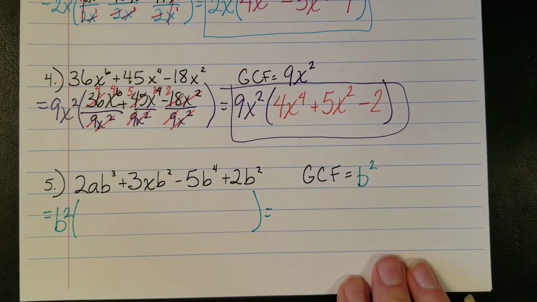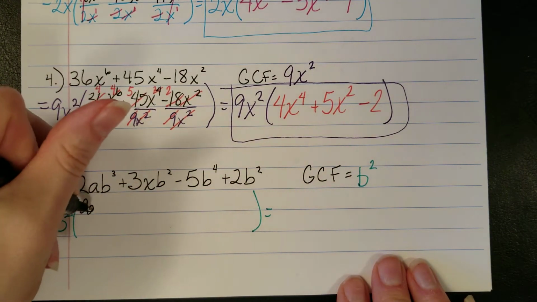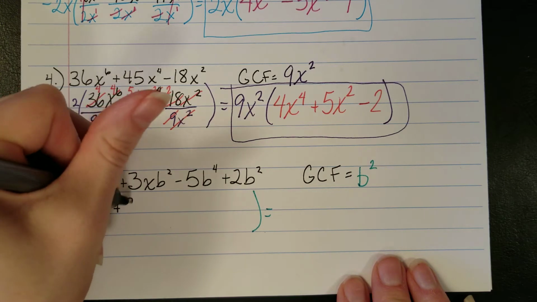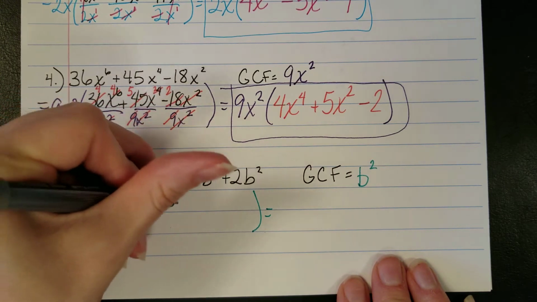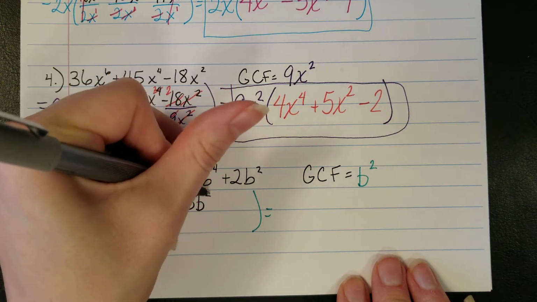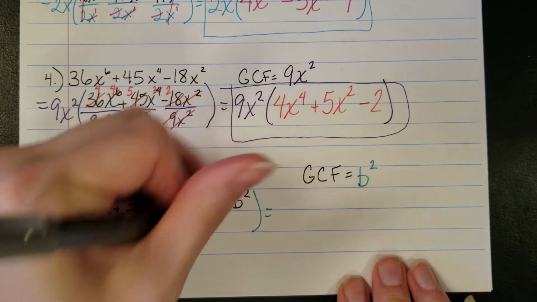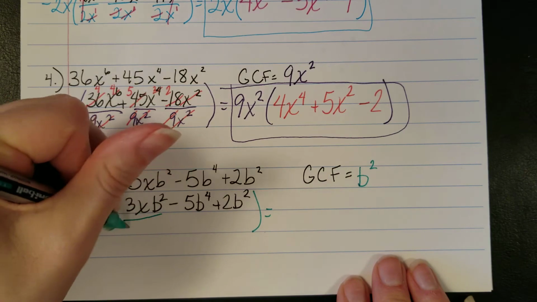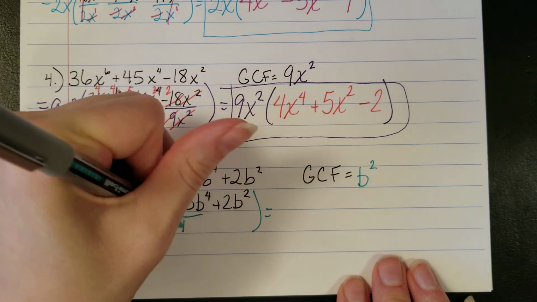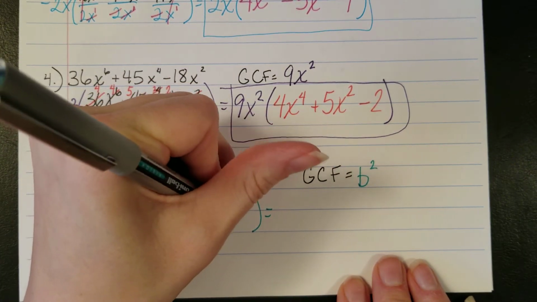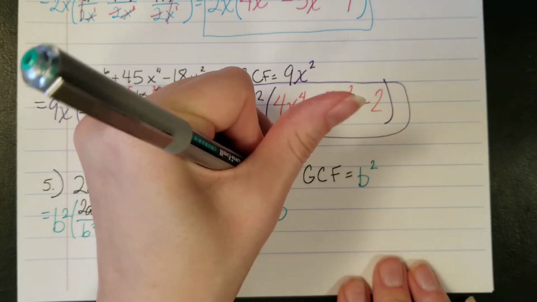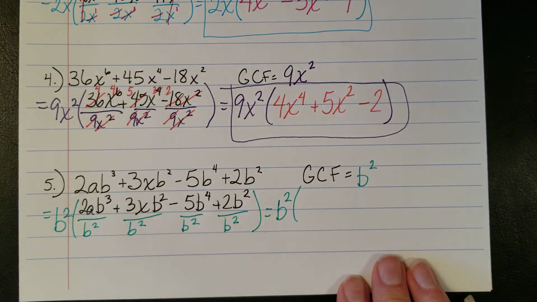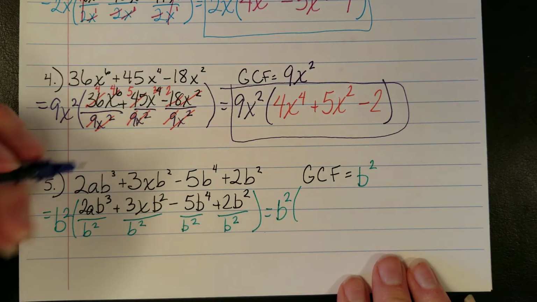All right. So we're going to take each of these terms. We're going to divide each one of them by b squared. So keep that b squared in the front. All right. So the only thing that's going to change is the b.